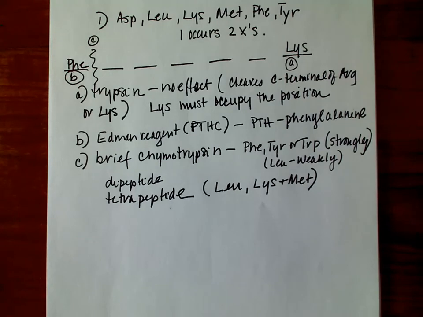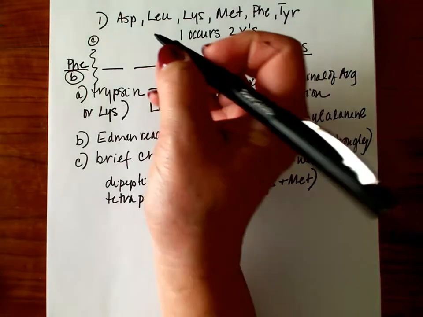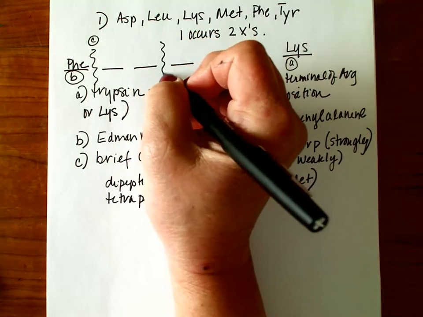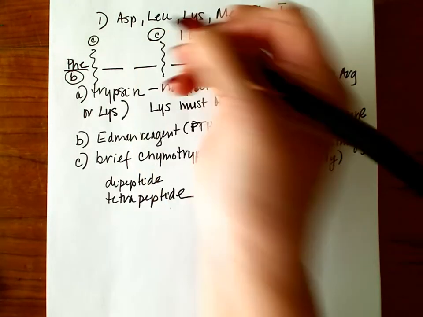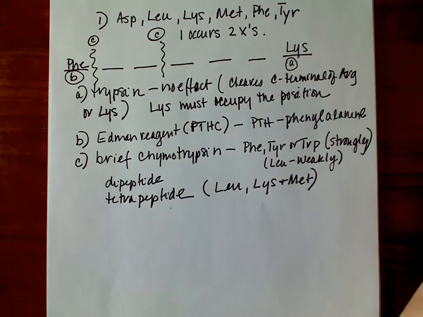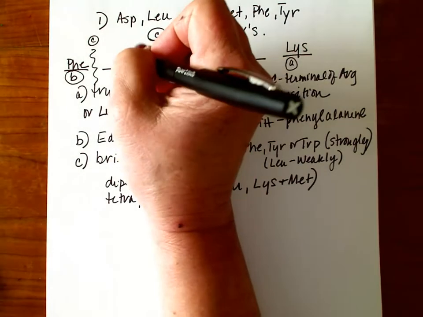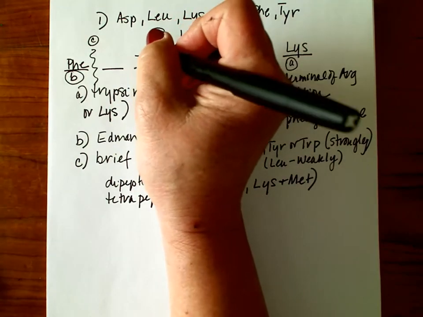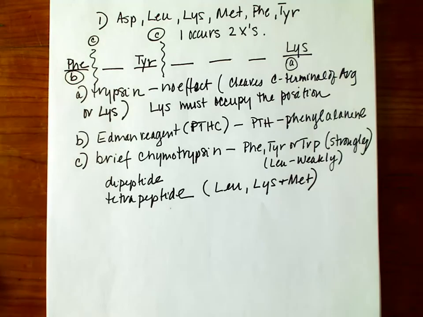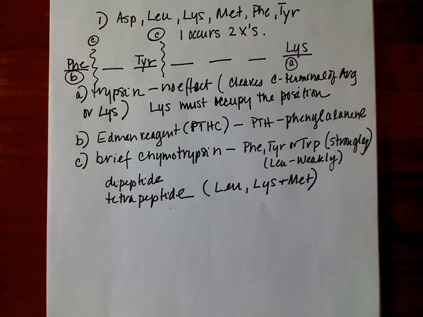So that tells me that the other cleavage occurs here. And this, since we have tyrosine, I'm going to place here. Okay.